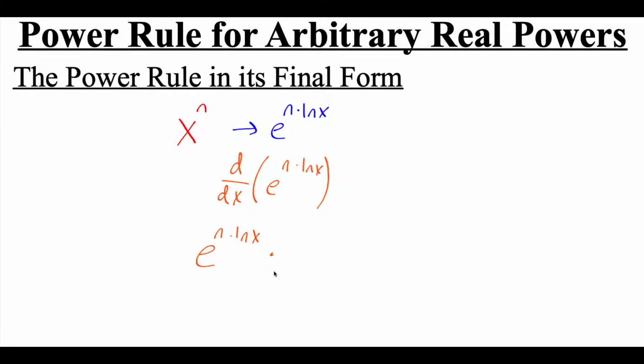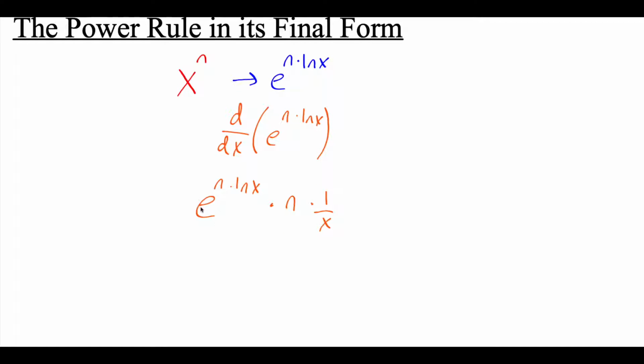But because of the chain rule, we also have to attach the derivative of that top power piece. In this case, n is just an exponent, a number, so n is going to stay the same. And then we're going to multiply that by the derivative of the natural log of x, which is 1 over x.